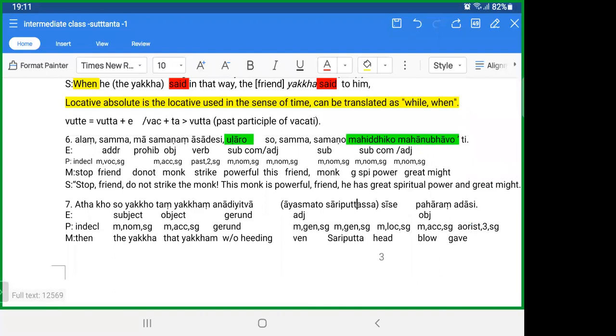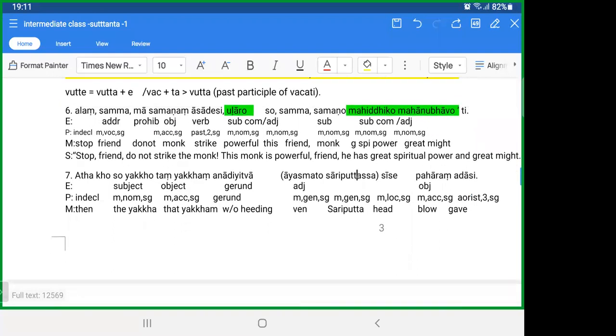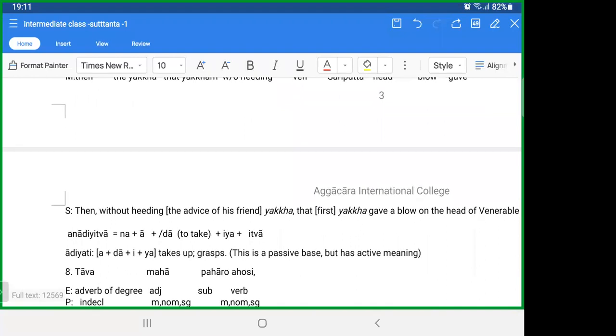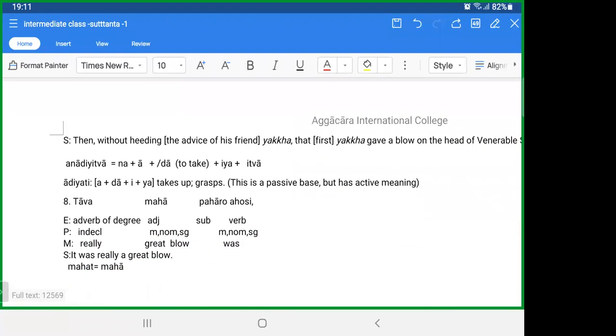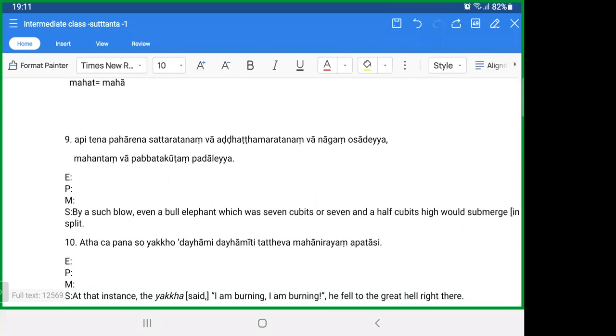So without heeding the advice, the first yakkha, the bad one, gave the hit to Sariputra's head. We finished it last week, all right? Then we continue.